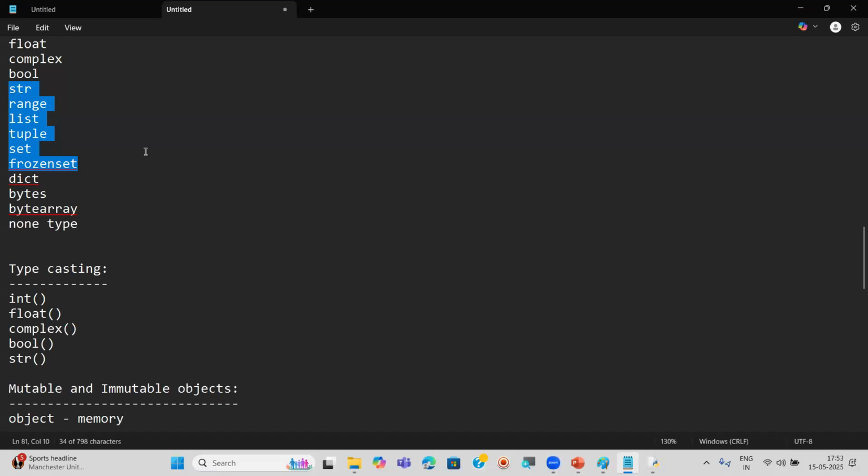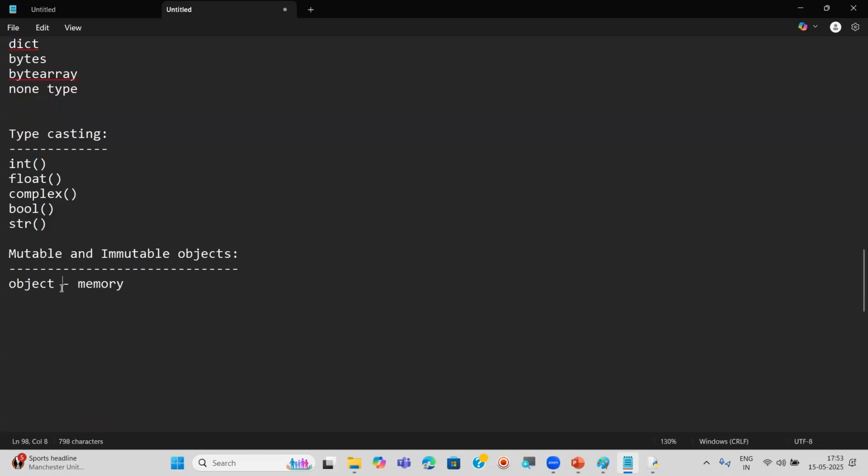So these objects may contain one or more elements internally. An object may contain a single element and also a group of elements. Basically, an object means memory access. In Python we have objects of two types: mutable and immutable objects.